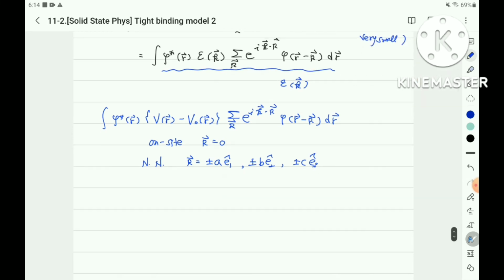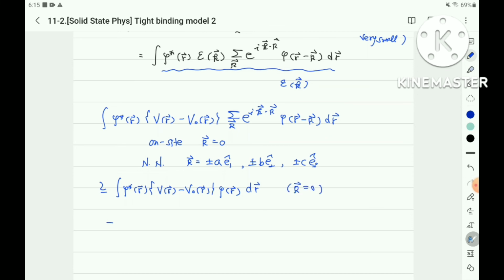And therefore, the on-site interaction is phi star r, the potential difference V minus V0, and phi r dr. It is the R equal to 0 case.